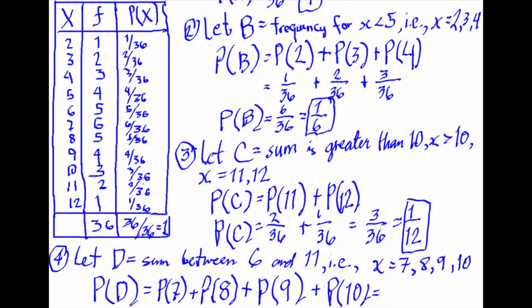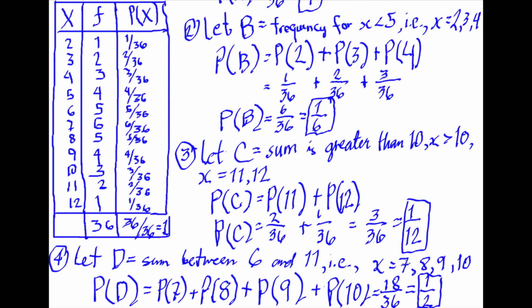This gives us 6 plus 5 is 11, 11 plus 4 is 15, 15 plus 3 is 18. So that's 18 over 36. Simplify that by dividing both by 18, since these are both divisible by 18. This gives us 1 over 2, because 18 times 2 is 36. So this is our answer for letter D, for our number 4.